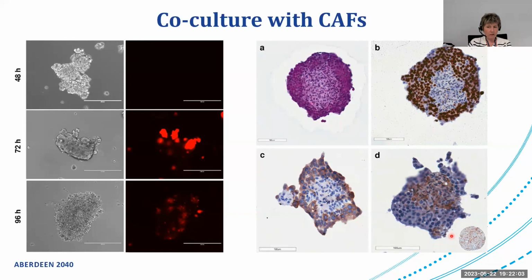And it's a little bit difficult to see, but this is a tissue microarray core here of a breast tumour, and the way that the fibroblasts are arranged within the spheroid are similar to what you see within a breast cancer. So a nice model if you want to look at the interaction between CAFs and cancer epithelial cells. And this work has all been published previously.